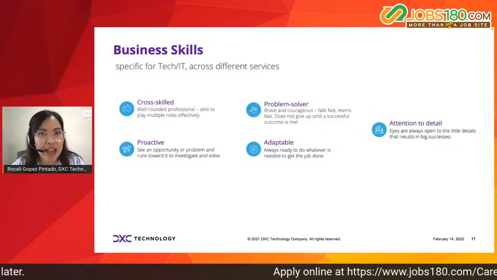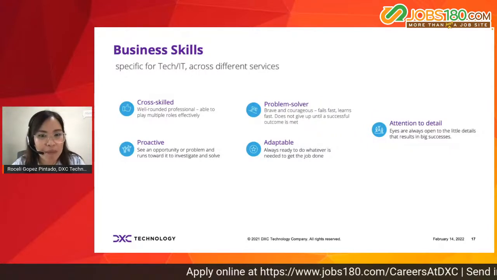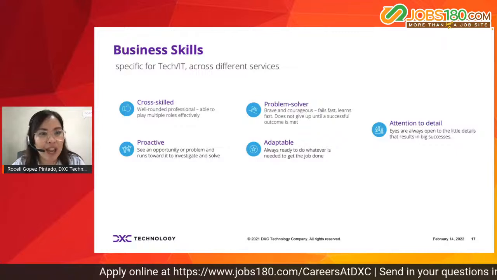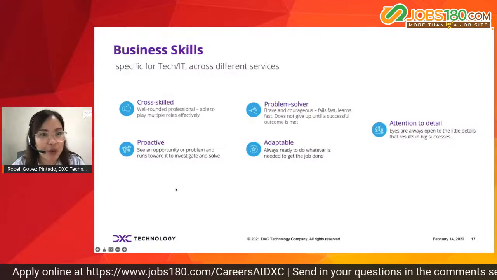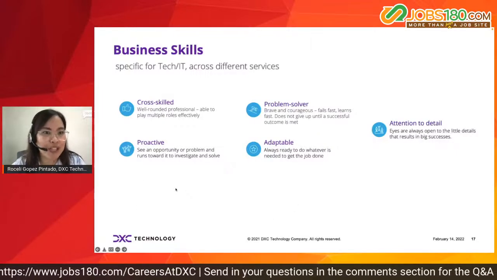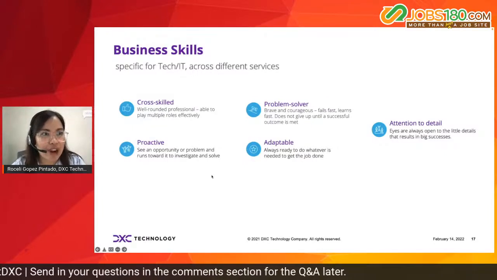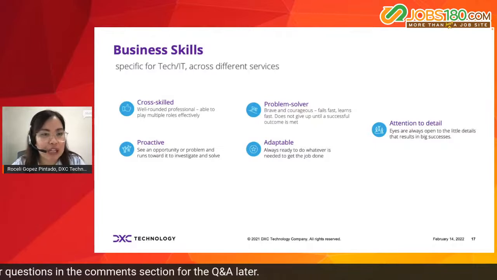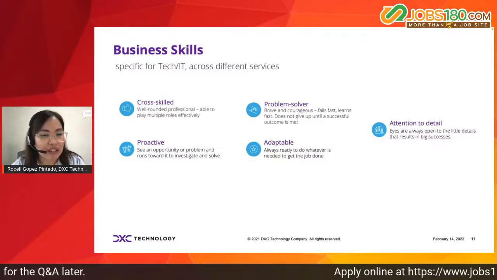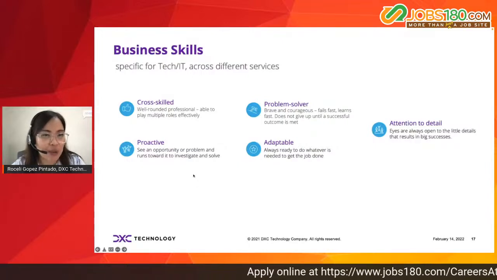That means that any role or demand that comes in the pipeline, you'll be able to step up and say, I can do that, right? That makes you a very valuable part of the company and of the team when you're able to become cross-skilled, right?